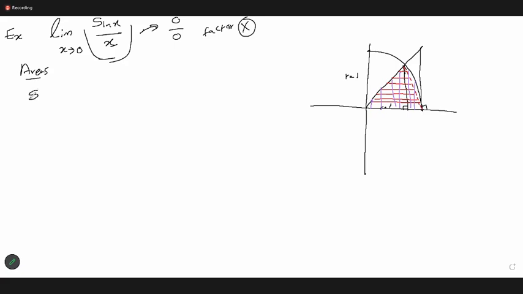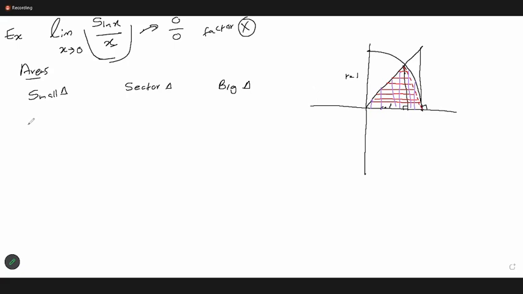At first I will take the small triangle, then the sector, then the big triangle, right? Okay.